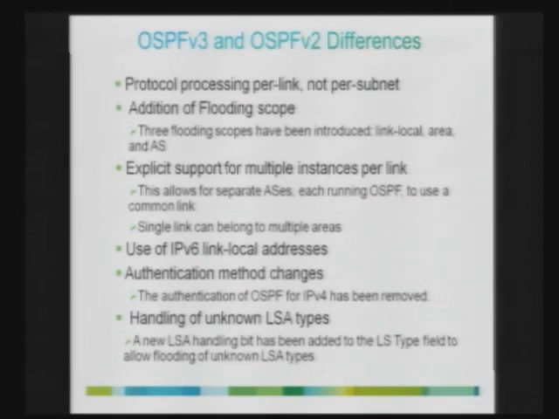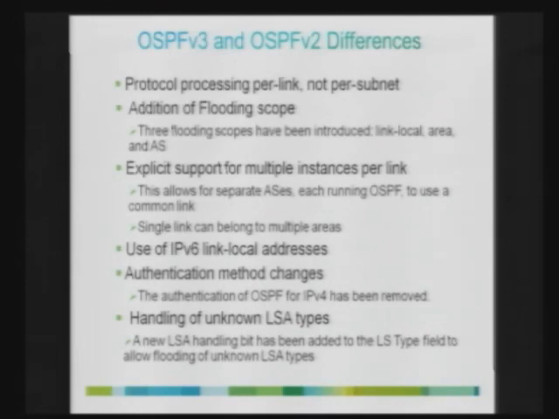So if you decide to have authentication, you can make use of the IPv6 level authentication. So there is no authentication defined in OSPF, and you cannot configure anything around that.